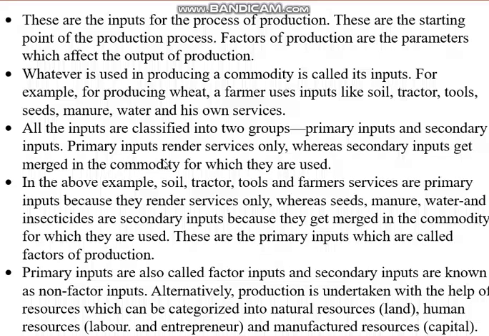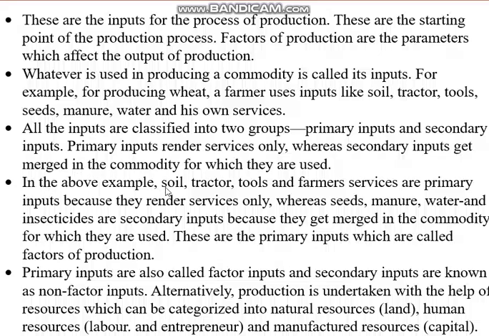Primary inputs are the first inputs. They render services only, whereas secondary inputs get merged into the commodity for which they are used. At this stage, don't worry about what is a primary input and a secondary input. If necessary, we will come back to it.